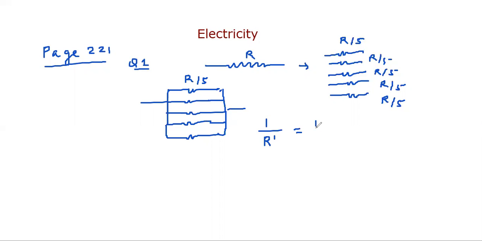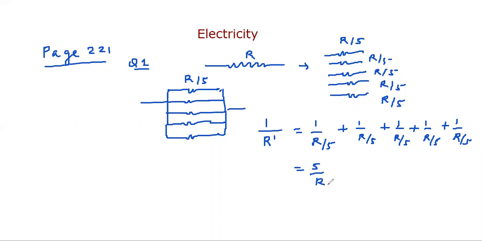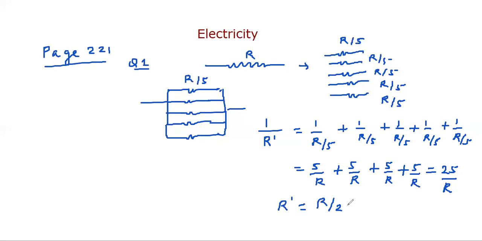So 1 upon R upon 5 plus 1 upon R upon 5 plus 1 upon R upon 5 plus 1 upon R upon 5 plus 1 upon R upon 5, or 5 upon R plus 5 upon R plus 5 upon R plus 5 upon R, which becomes 25 upon R. So R dash equal to R by 25.